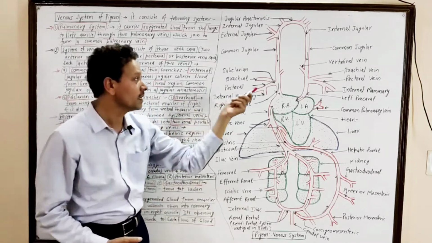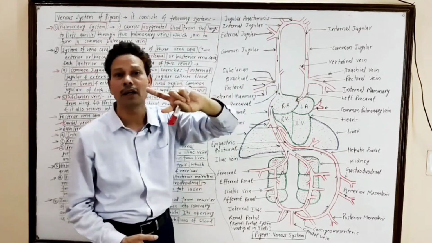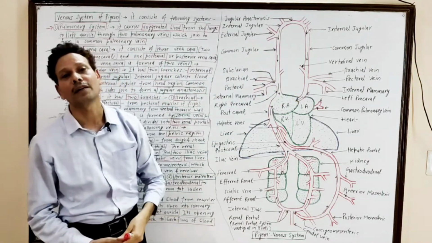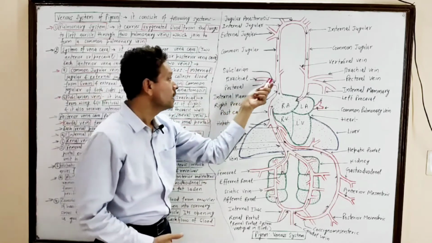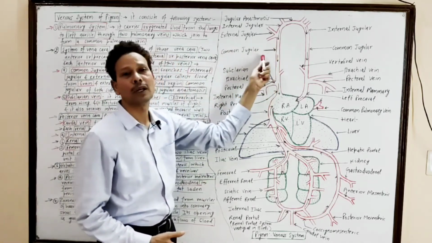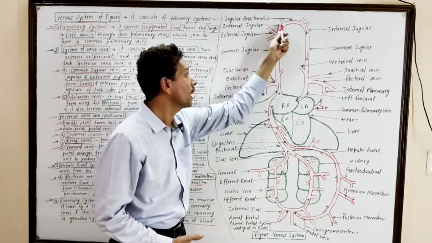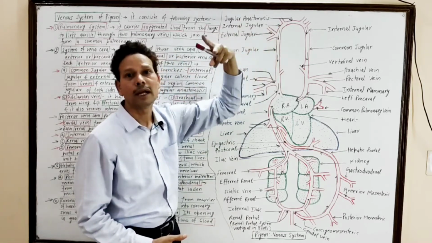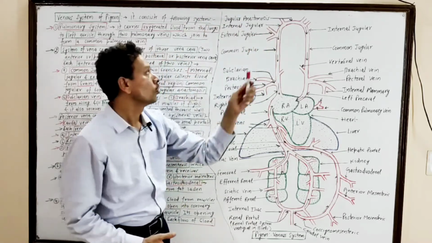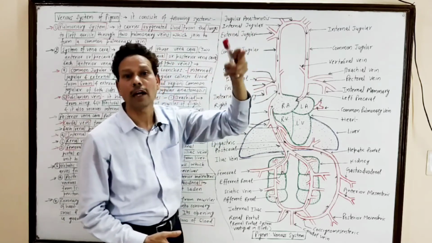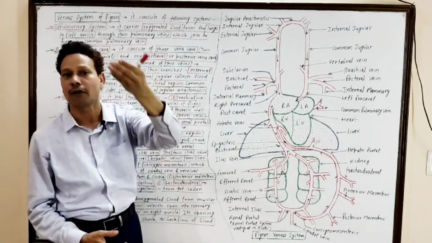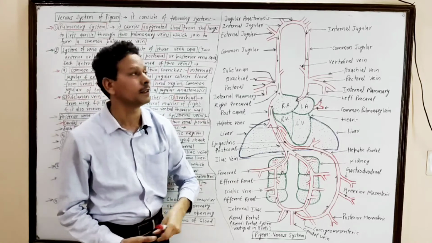Dear students, each right and left precaval or anterior vena cava has two branches. This one is common jugular, and this common jugular has the internal jugular that collects blood from the brain, while the external jugular brings deoxygenated blood from all parts of the head region.